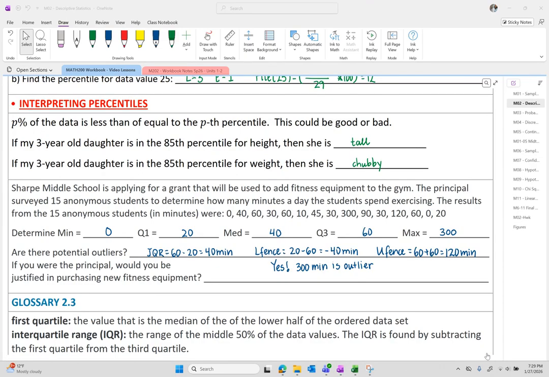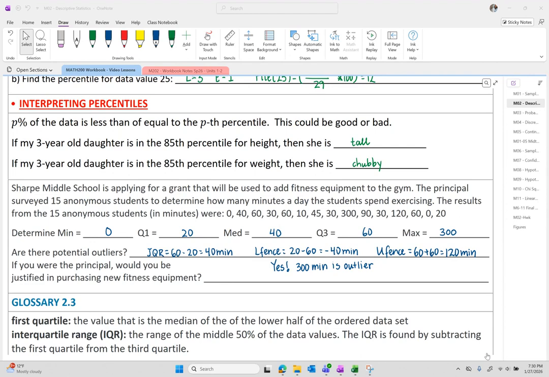So if I use my technology, I find that the first quartile is 20 and the third quartile is 60. The interquartile range is 60 minus 20, which is 40 minutes. If I multiply that by 1.5, that's 60 minutes.